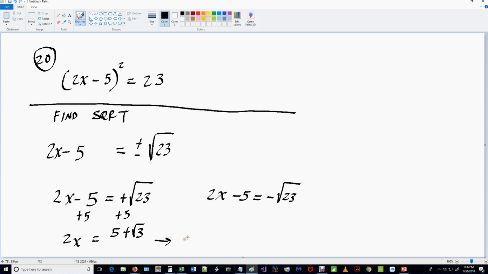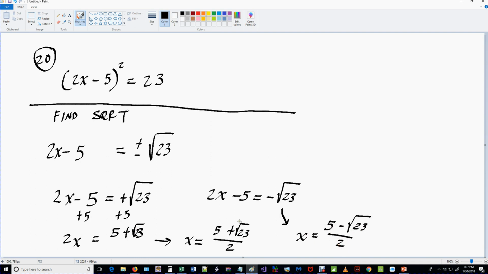If you divide by 2, you get x equals 5 plus the square root of 23 divided by 2. If you did the same for this one, you actually get 5 minus the square root of 23 divided by 2.